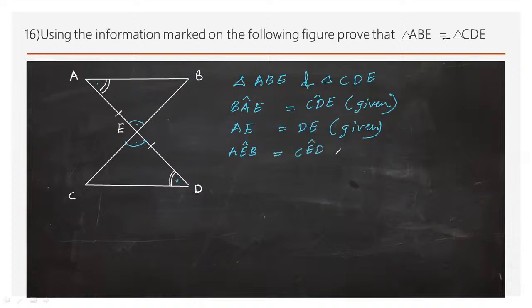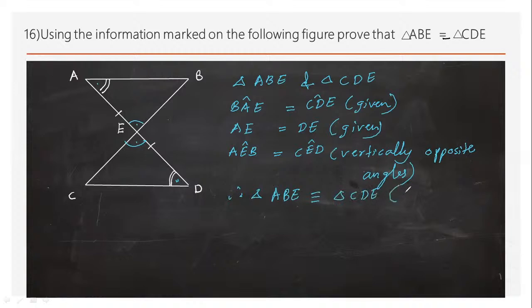The reason: vertically opposite angles. Then we can say triangle ABE is congruent to triangle CDE. Situation is what here? Angle, side, angle, side.